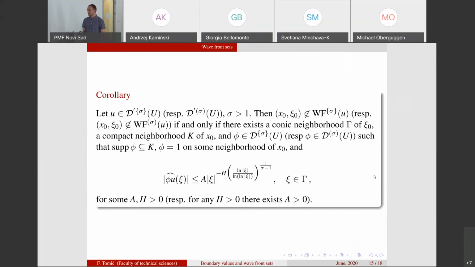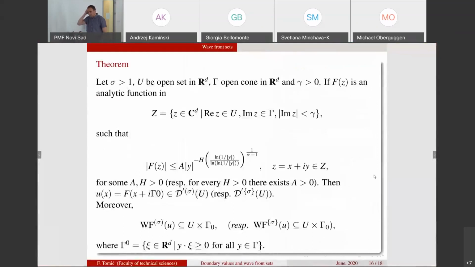We do the localization, and then we take the Fourier transform, and it decays in the following way. Again, we have these estimates on our associated function. And when we have this type of characterization, we can prove actually, this should be actually a corollary.